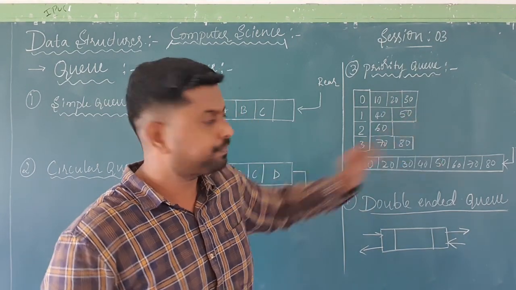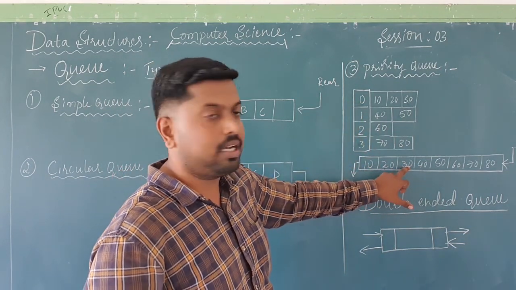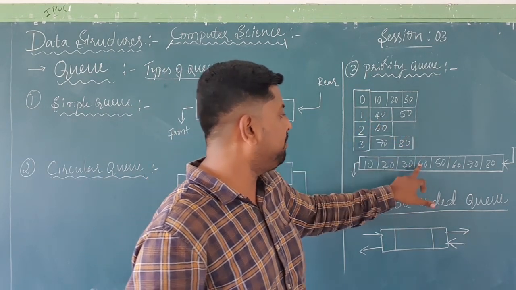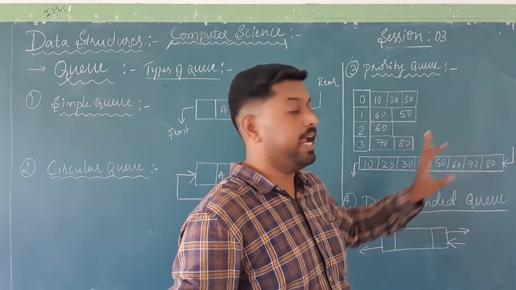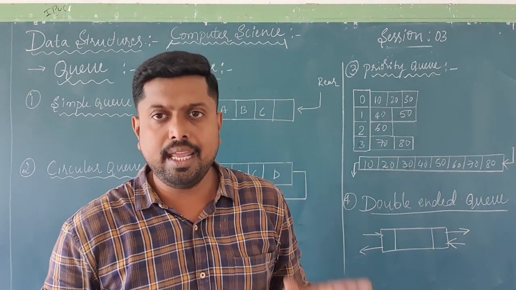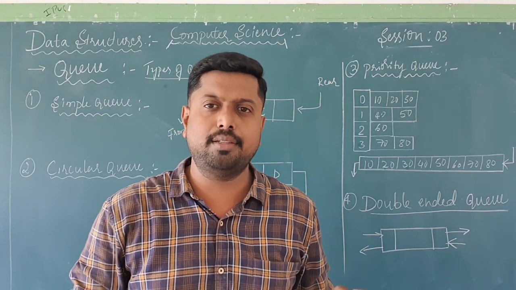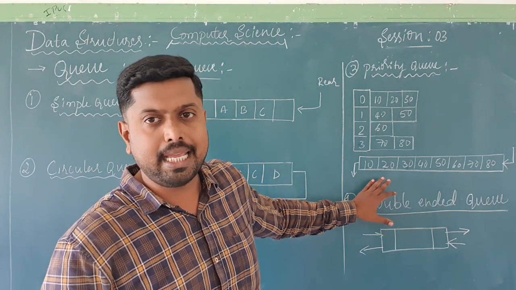This means location 0 holds 10, 20, 30, location 1 holds 40 and 50, location 2 holds 60, and location 3 holds 70 and 80, the last elements. That indicates the user has a chance to change the locations of the elements. So this is what we call a priority queue.